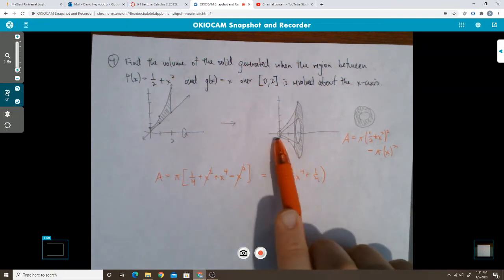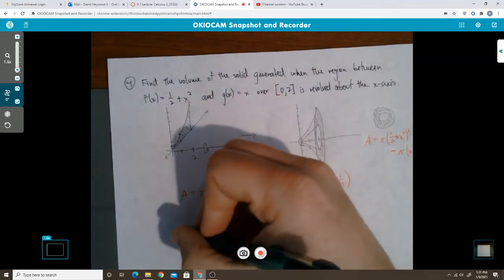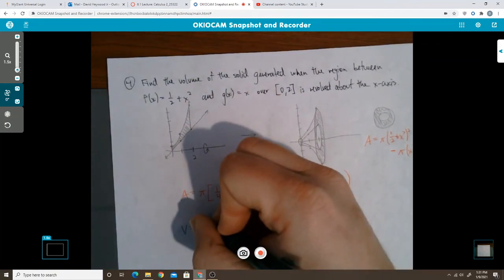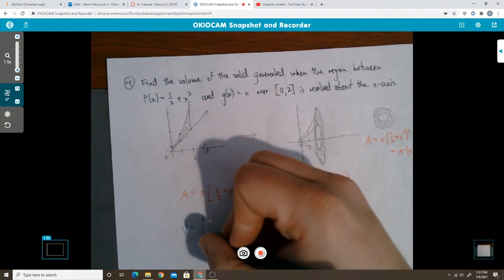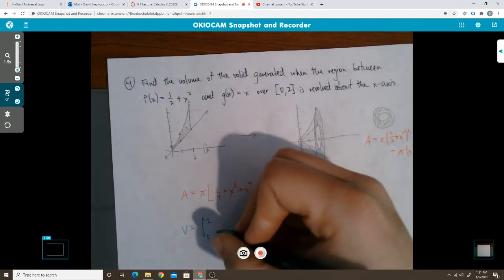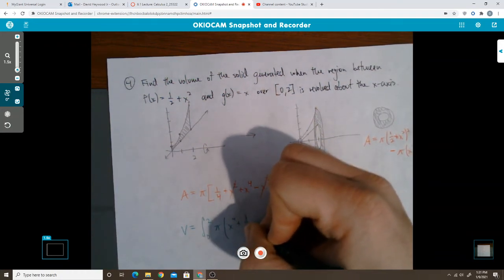So to find the volume of this weird cone type of thing, we just integrate. So the volume is going to be the integral from 0 to 2 of pi times x to the 4th plus 1/4.